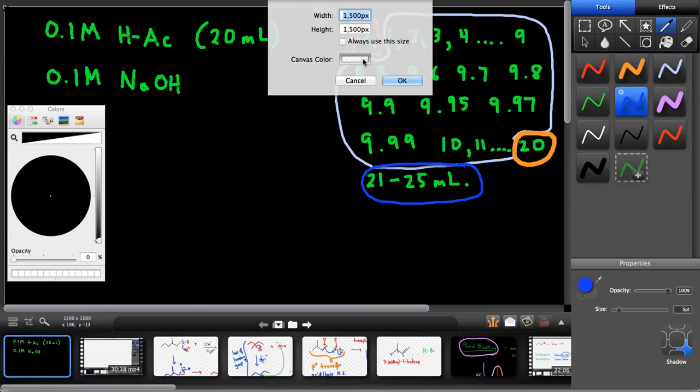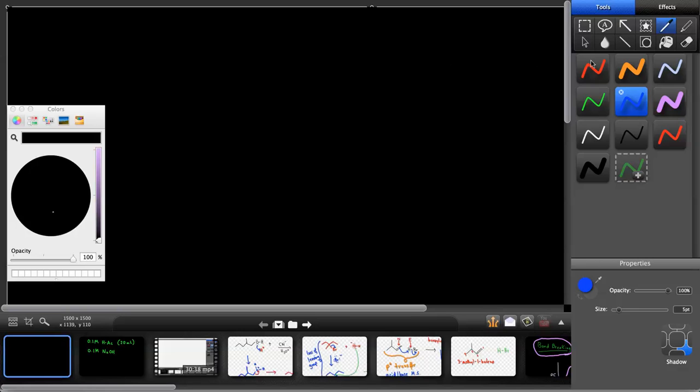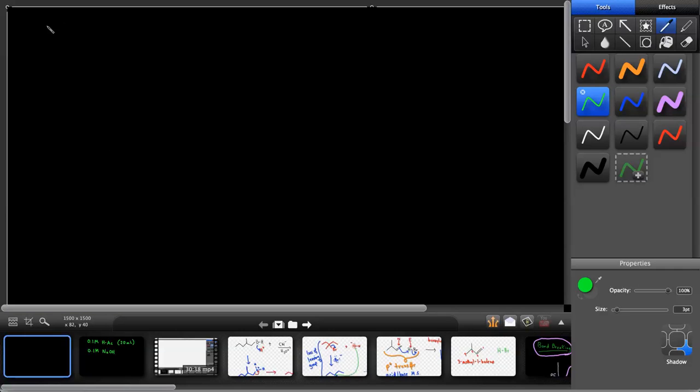And first of all, consider when all we have is the initial concentration of our acid and we've added no base to the solution. So the relevant equation is going to be acetic acid, aqueous, plus water.